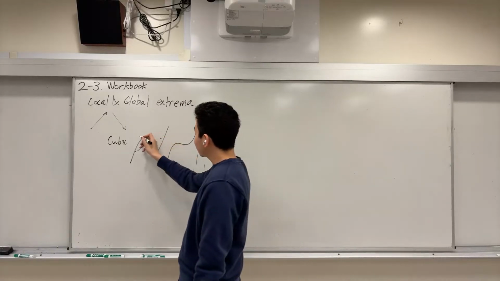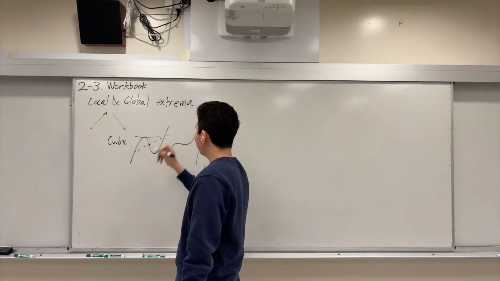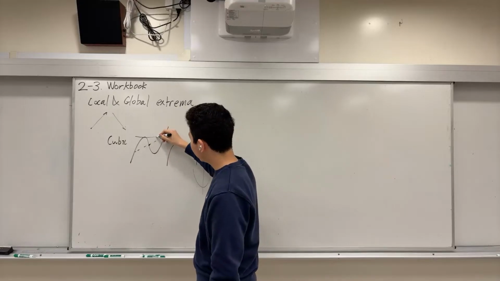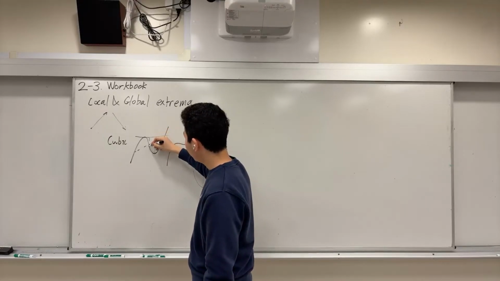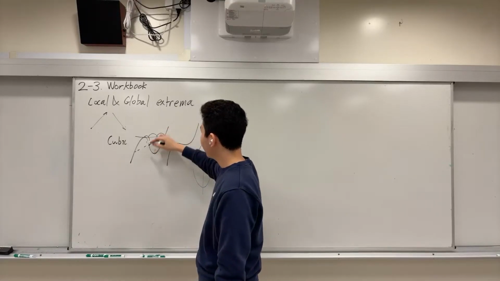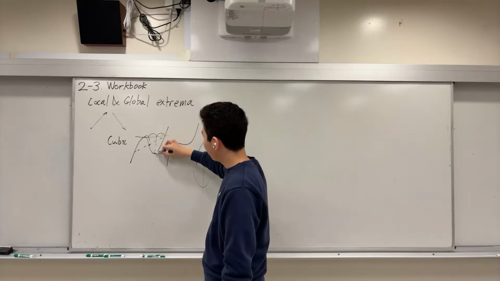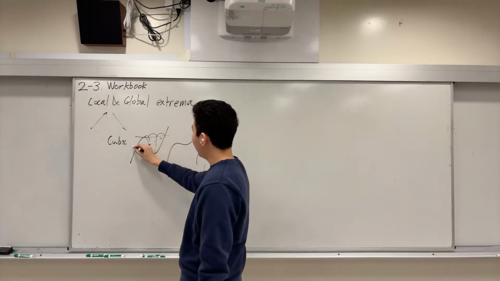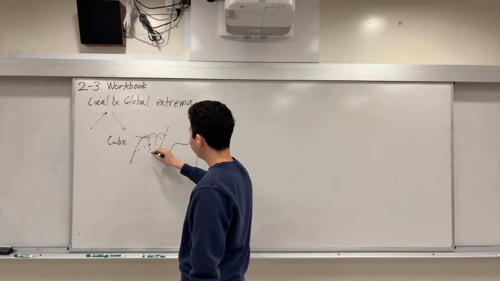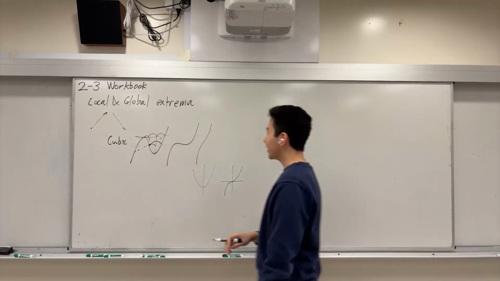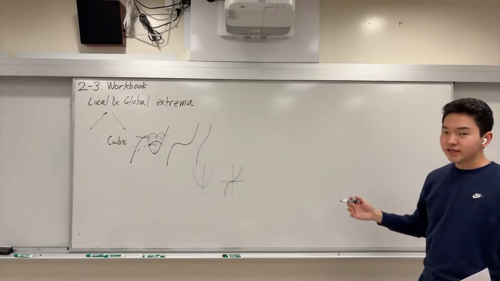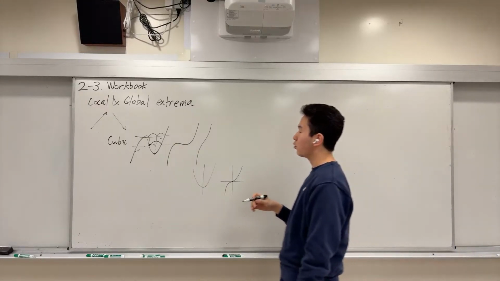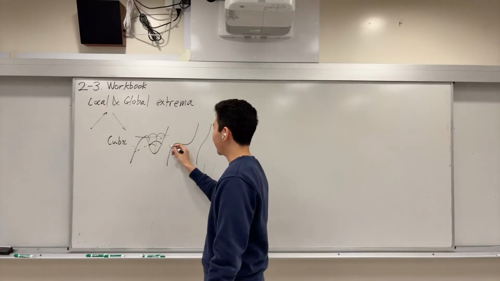We also talked about some special ratios that will be useful in cubic functions, such as the 1 to 1 to 1, right? The inflection point, the local minimum, and so on. There was also the 1 to square root of 3 ratio, and we proved it using a coordinate system that we set up like that.